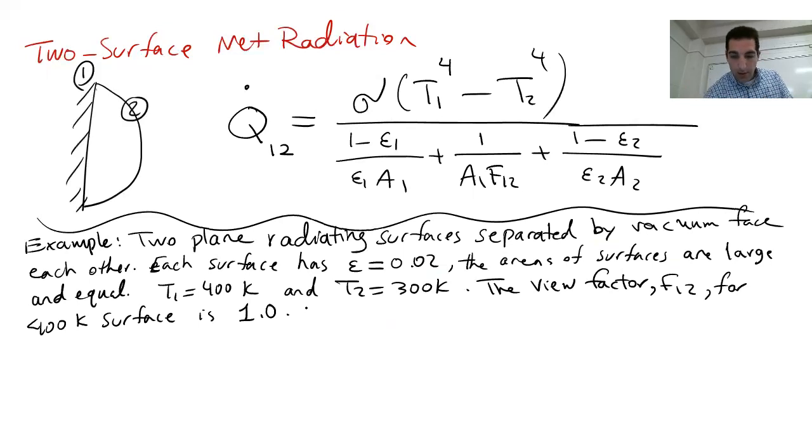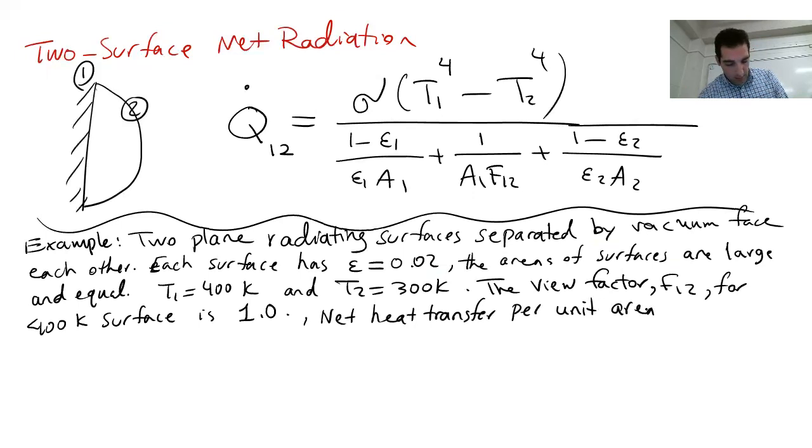Most nearly, what is the net heat transfer per unit area from the 400 Kelvin surface? Basically, find net heat transfer per unit area from the 400 Kelvin surface.